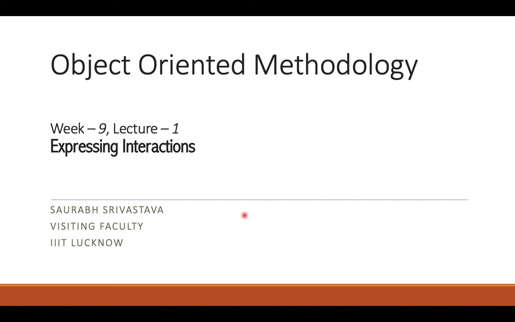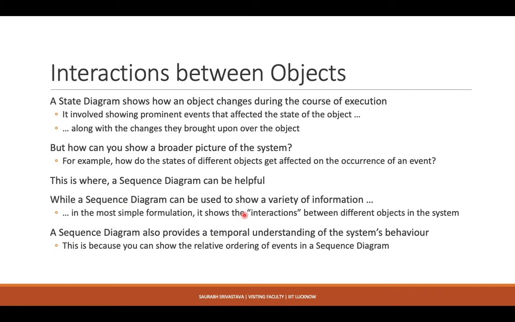Now in this week we are going to have a look at how we can make more interaction diagrams, and basically interactions too are part of the system's behavior. So till now what we have seen is basically at the level of the object, right?